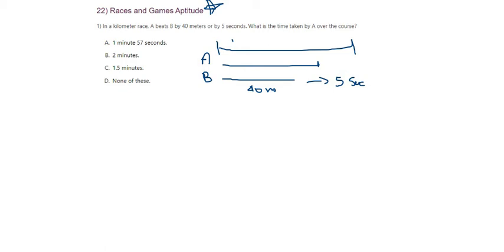Okay, this is what you have to understand diagrammatically. Suppose the total is 1000 meters, which means 1 kilometer is 1000 meters.